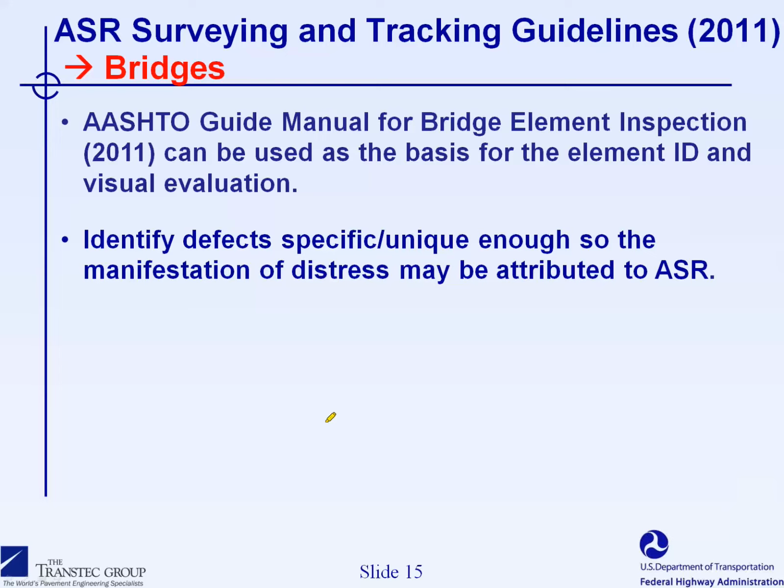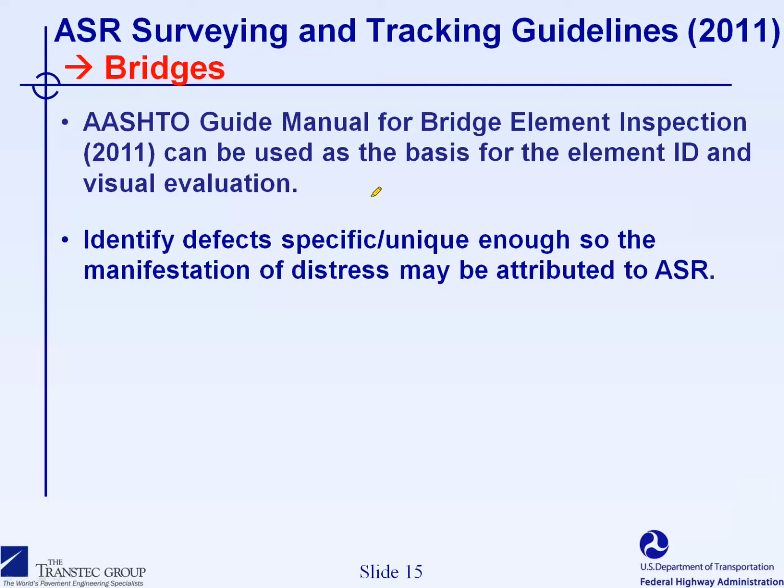So if we look first at the bridge inspection, there is the AAR guide manual for bridge elements that was introduced in 2011, and this AAR guide is commonly used and can be used as the basis for the element visual evaluation.